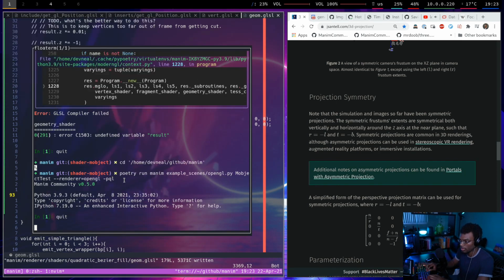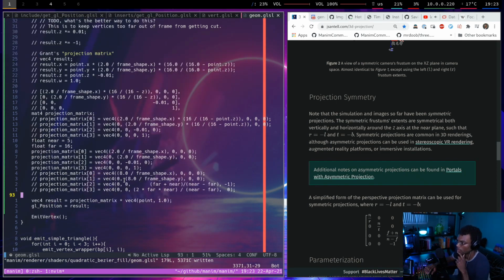Uh-oh, why didn't it quit? Why the X and Y coordinates are being multiplied by this perspective scale factor.